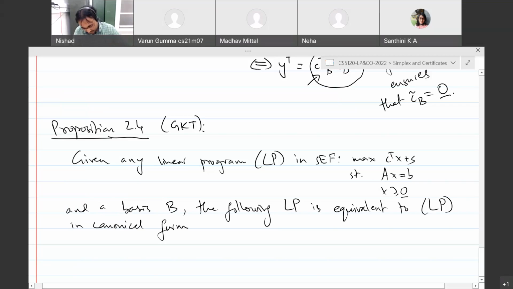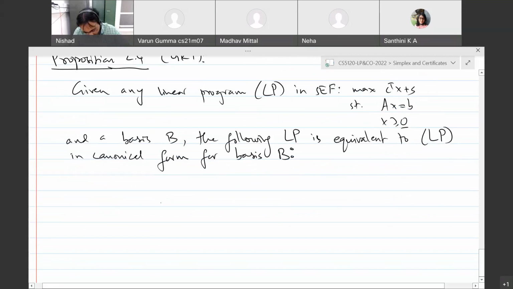For the given basis B, let's see what it is.